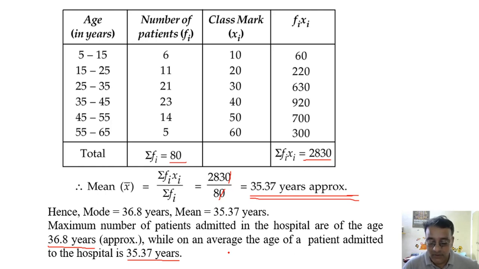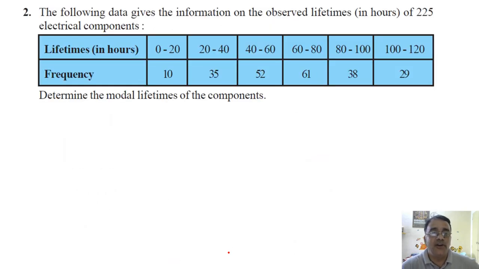Yes, sir. Okay, now we'll move towards question number 2. The following data gives the information on the observed lifetimes in hours of 225 electrical components. So the total frequency is given here, 225.